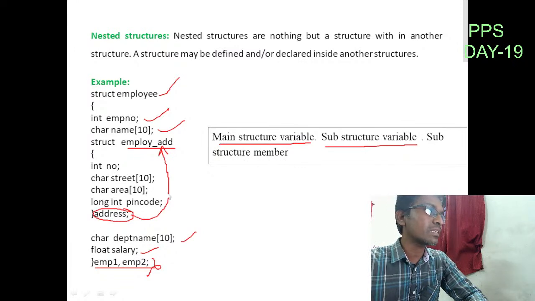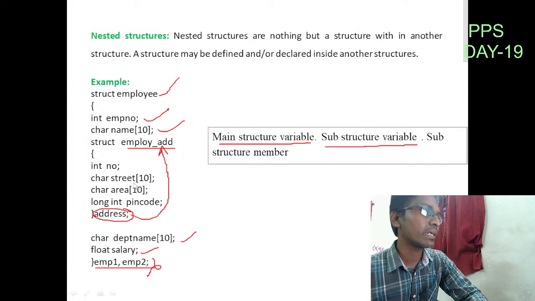For example, if I want to access the street of the employee, employee address is the substructure and street is a substructure member. The main structure variable is emp1. So emp1 dot, followed by the substructure variable address, followed by dot operator, followed by the substructure member, street.